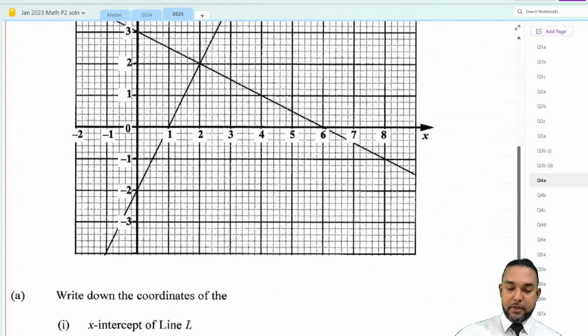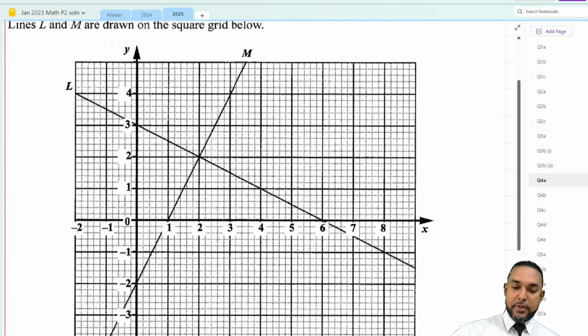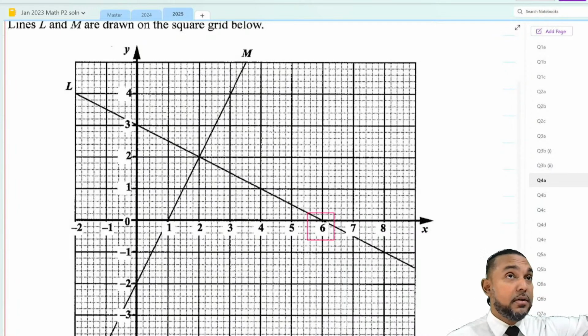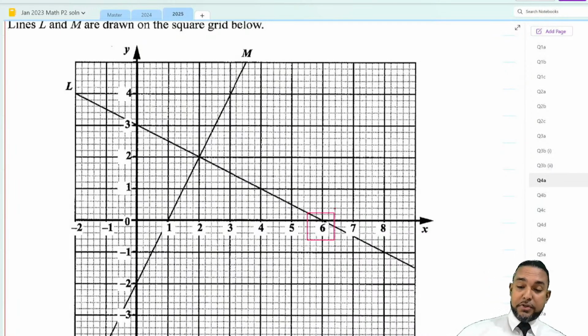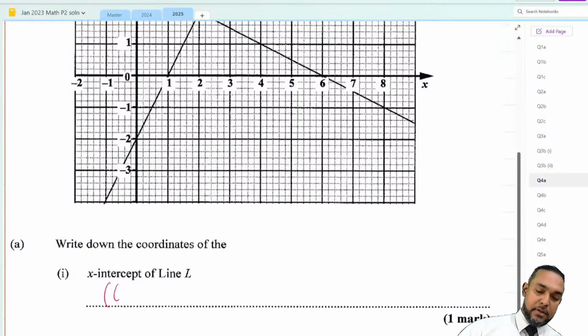First thing they want, write down the coordinates of the x-intercept of L. So L is this line here, right? The x-intercept is where it cuts the x-axis. What's the value there? On the x. And if you read across to the y, the value there is 0. So the coordinates of the x-intercept of L are 6 and 0.